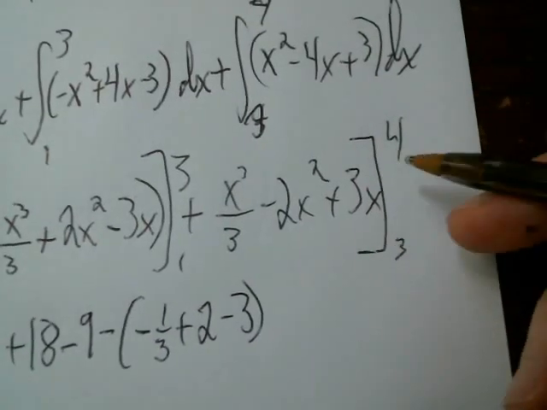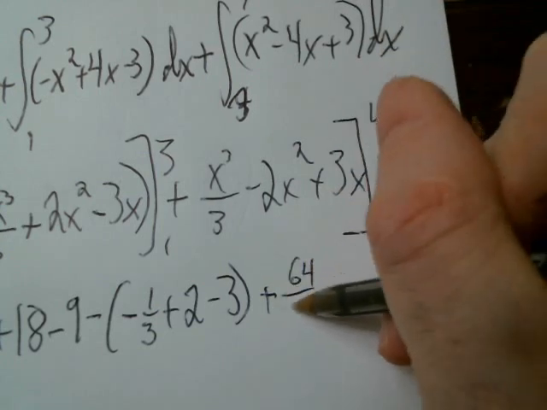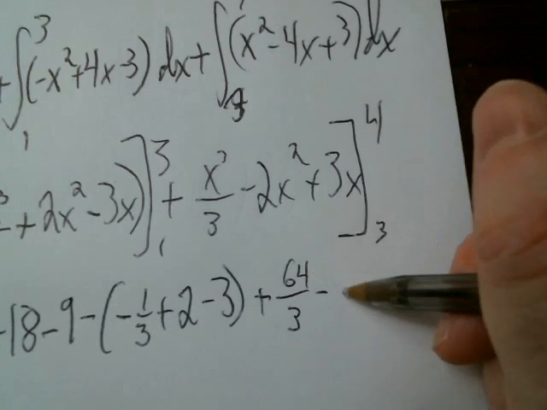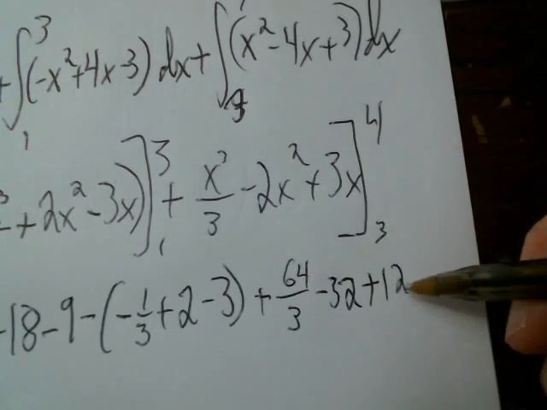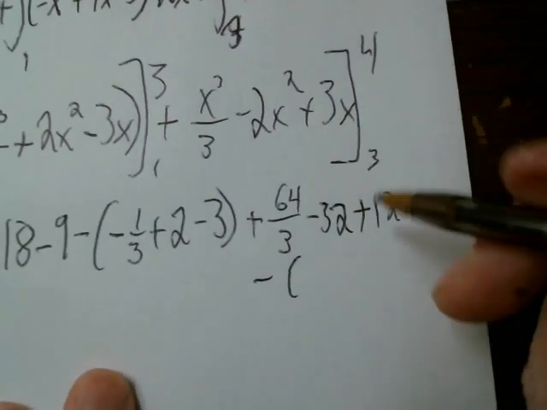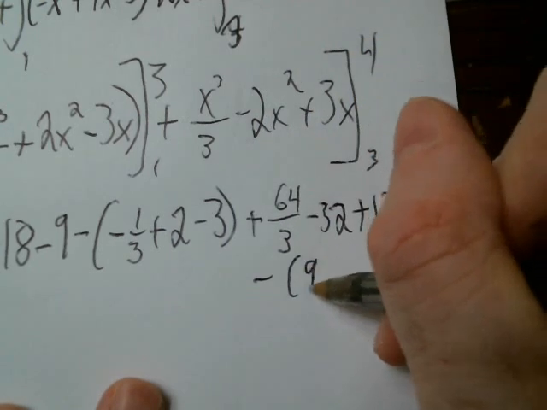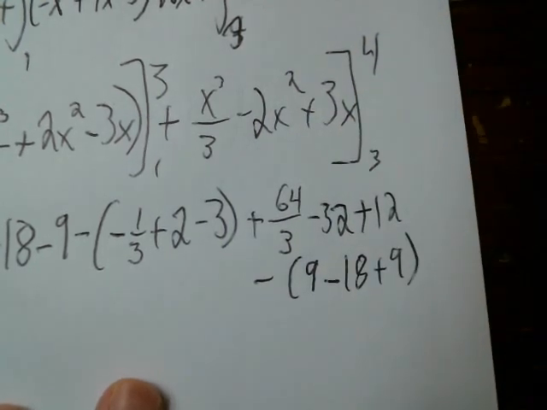And then for this other part, I got to plug in 4 first, so 4 is 64/3, minus 16 times 2 is 32, and then plus 12, and then minus, ran out of room. Let's put 3 in there, so you get 27/3 is 9, minus 18 plus 9.